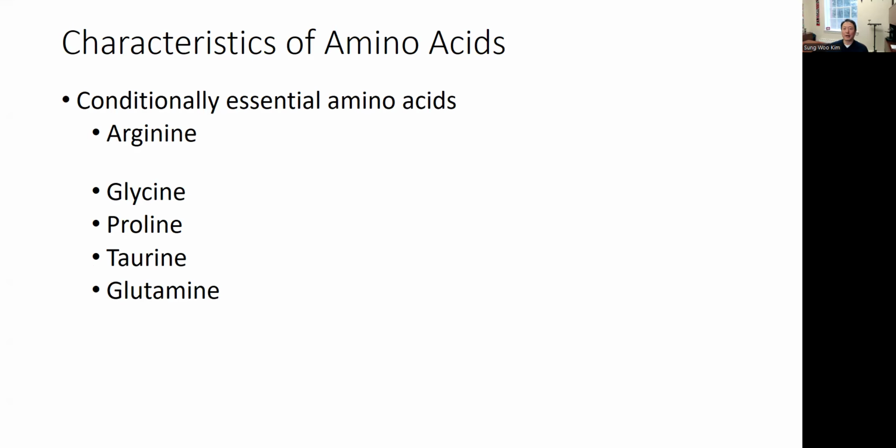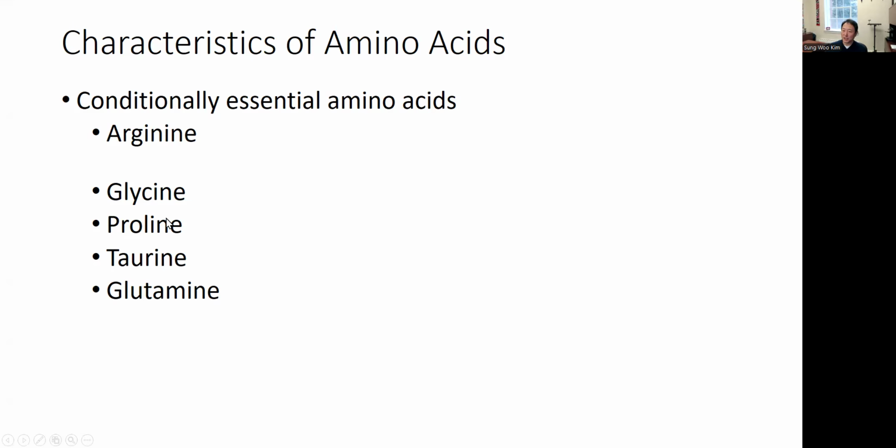Now, compared to essential amino acids, I can group at least 5 of them as conditionally essential. Again, some other research groups may say arginine is essential, but in this class, the papers and texts that I will use consider arginine as conditionally essential. So it is arguable, depending on how you look at arginine.